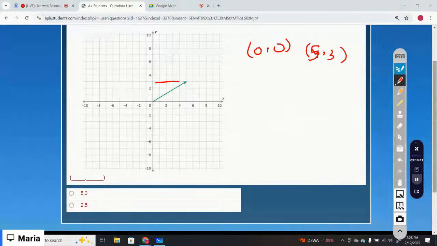You need to calculate the components of the vector.